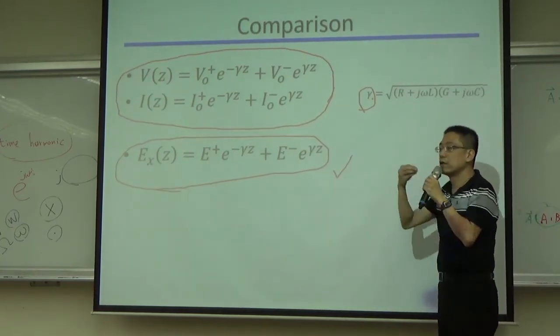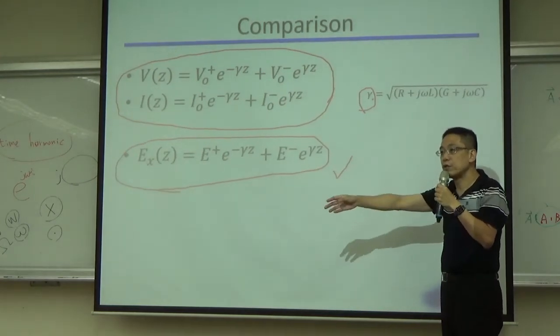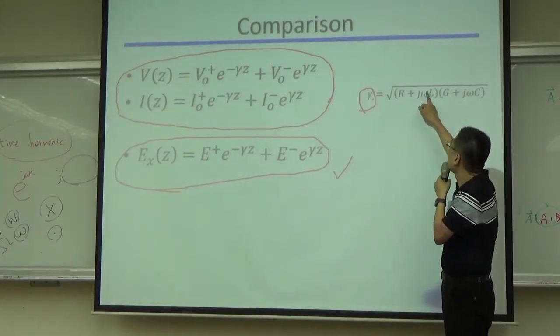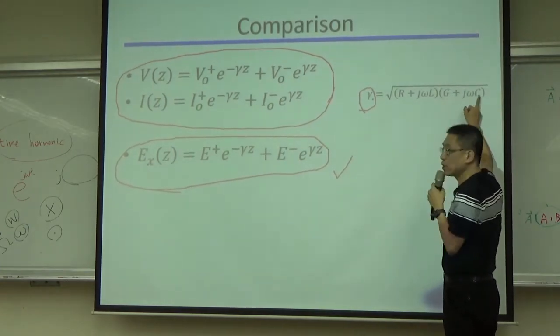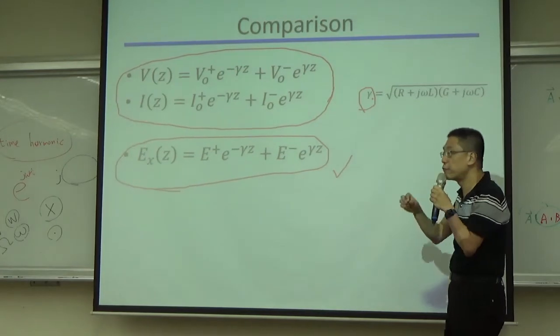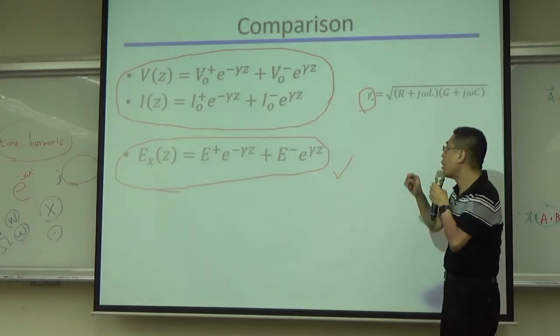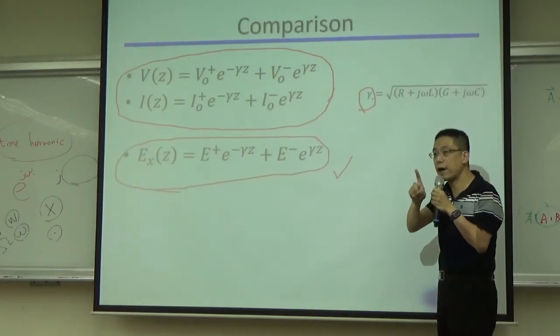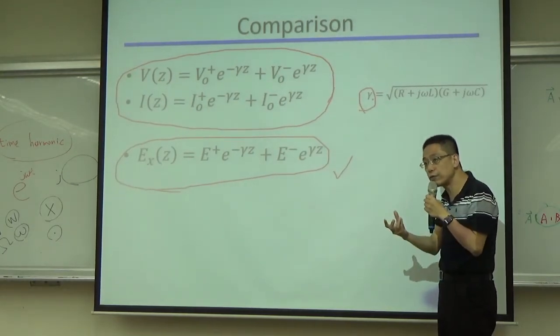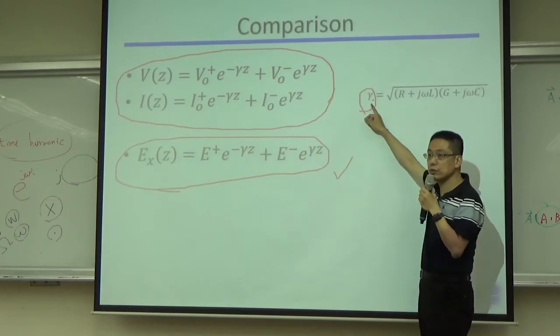For the same uniform transmission line, they have the same R, L, G and C. If you have a different frequency, because omega equals 2 pi times frequency, if you change the frequency, gamma is changed.